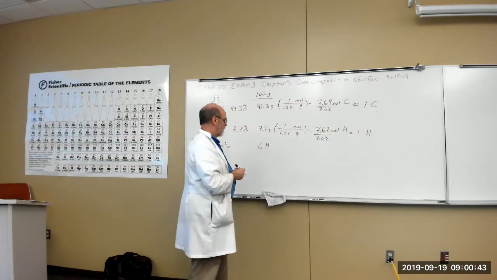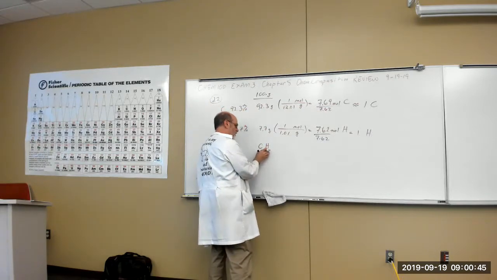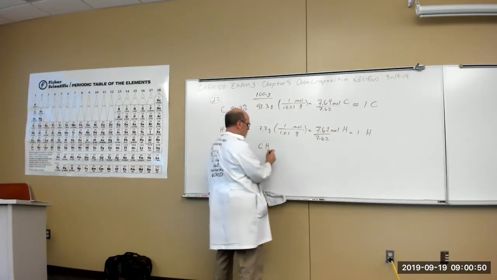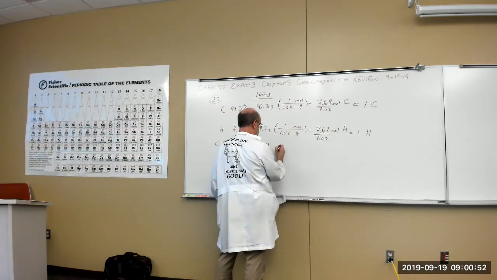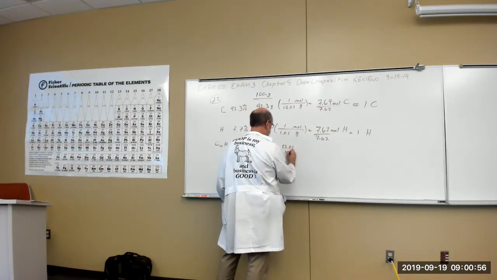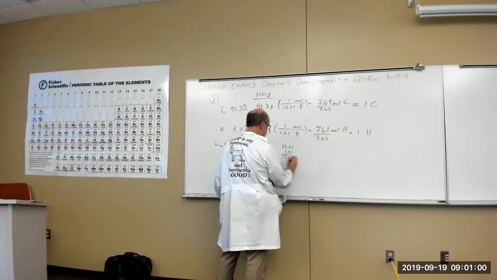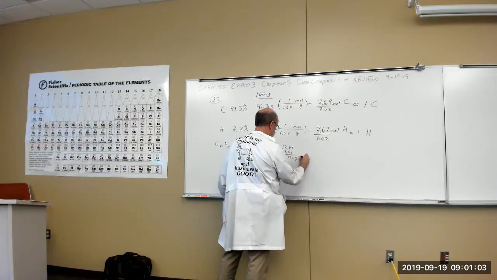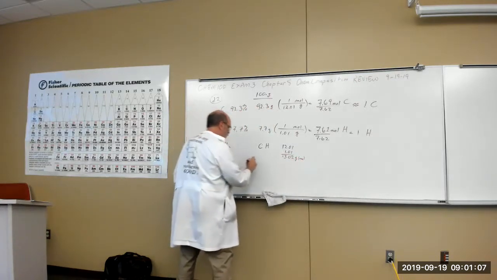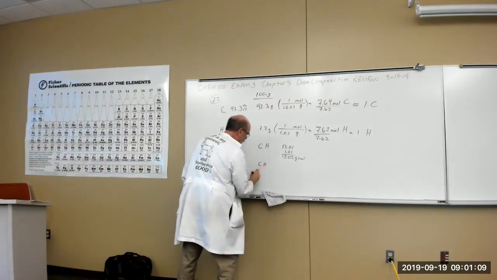Okay? So if this were the formula for our compound, what would its molar mass be? It'd be 12.01, right? And 1.01. 13.02 grams per mole. But suppose, well, we don't know that.